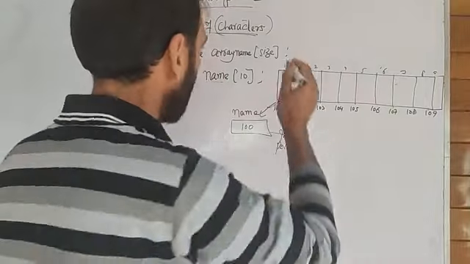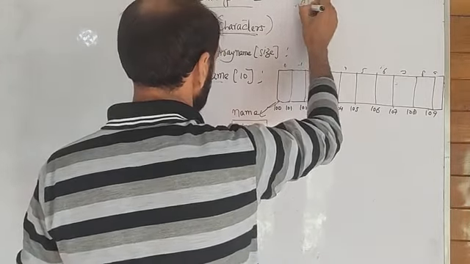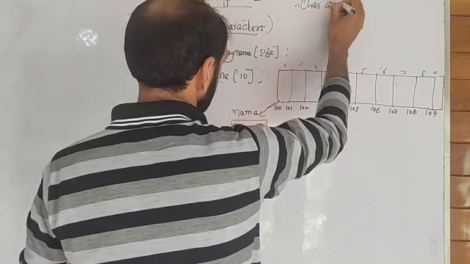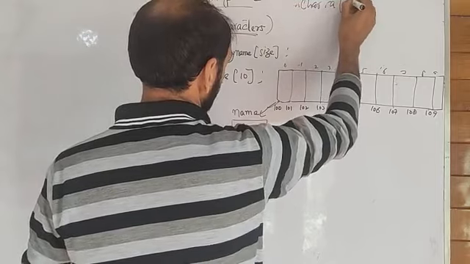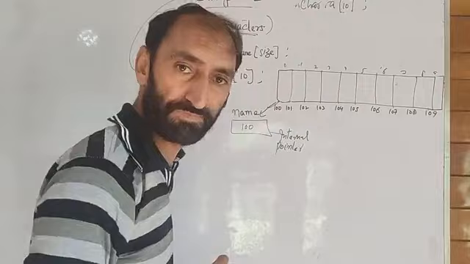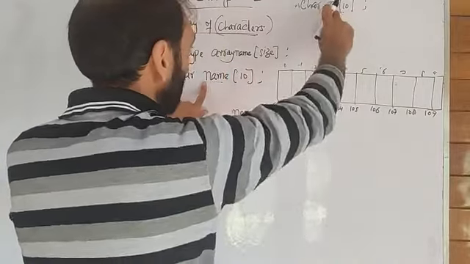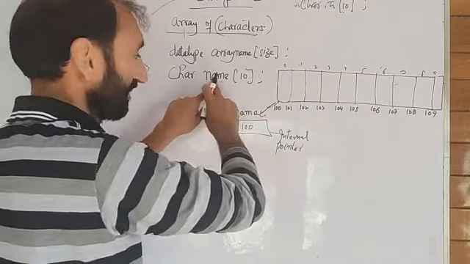For example, take an int array a of 10, and a character array. What is the difference between this declaration and this declaration? Here the name is a, here the name is name.